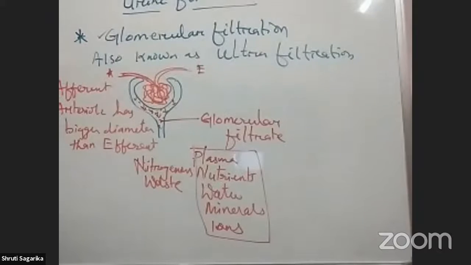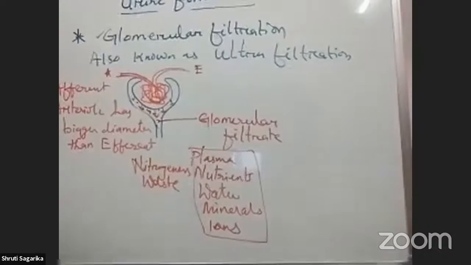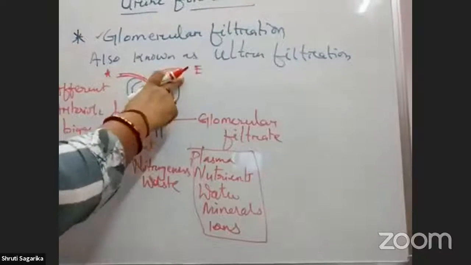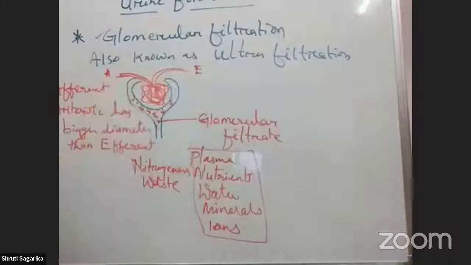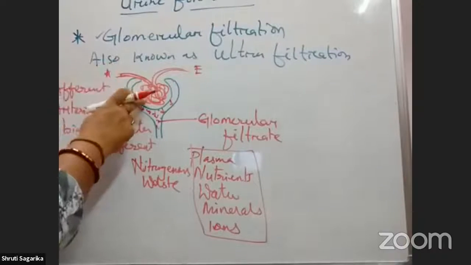Yes, ma'am. Okay, so what I said just now, afferent arterioles are having bigger diameter than efferent arterioles. Which is efferent? The arteriole which goes out from the glomerulus is efferent. Afferent is the side which enters.